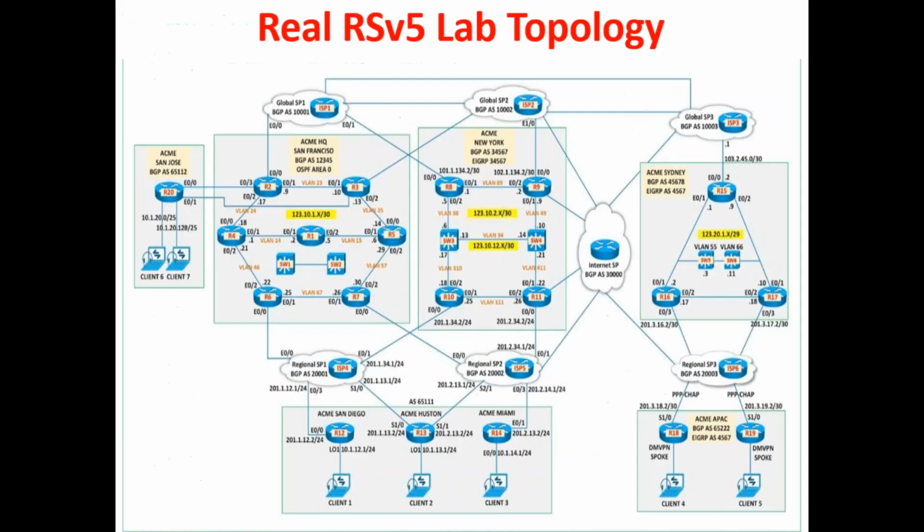Okay, guys, let me explain now a few details related to the items that we have discussed. See, there is one scenario in front of you guys, and this scenario is the first real lab. It's the first real lab topology, the actual lab topology that you have to handle, right?